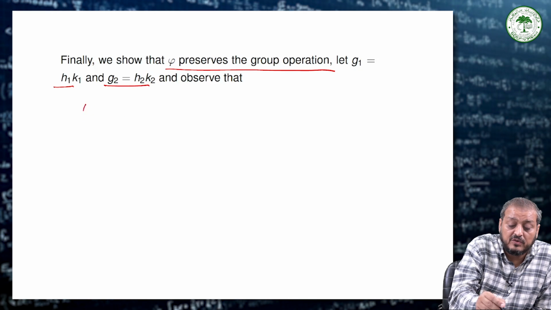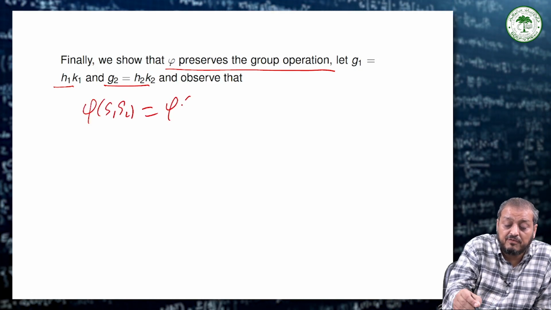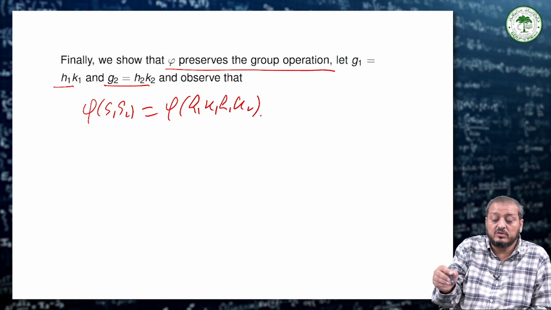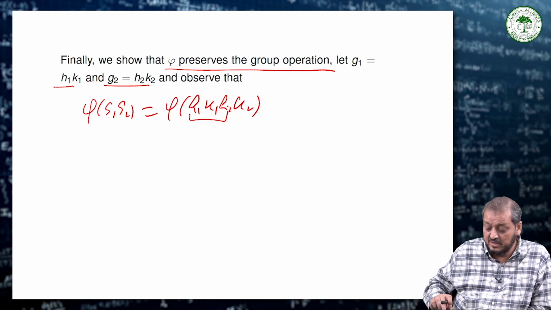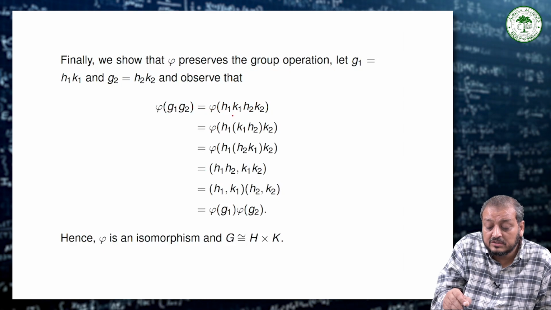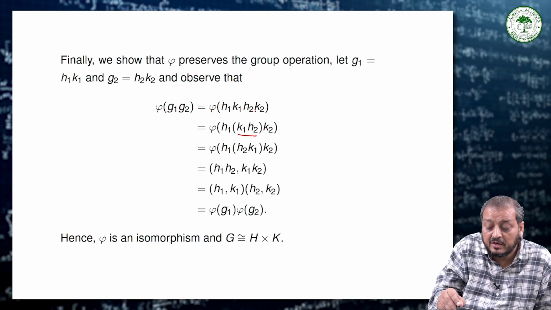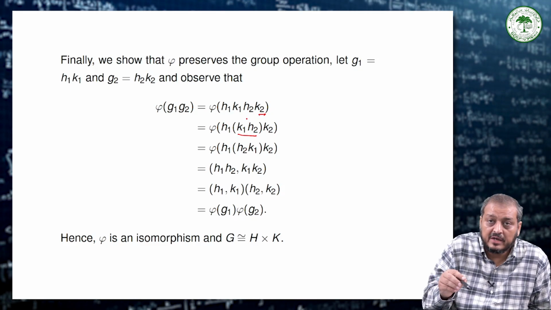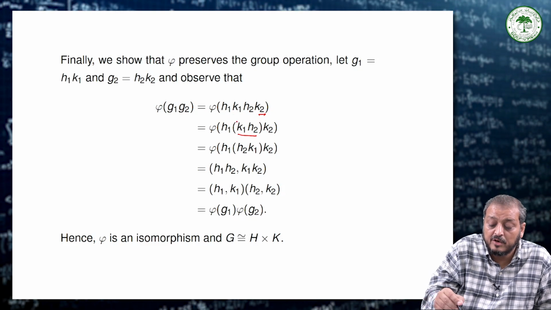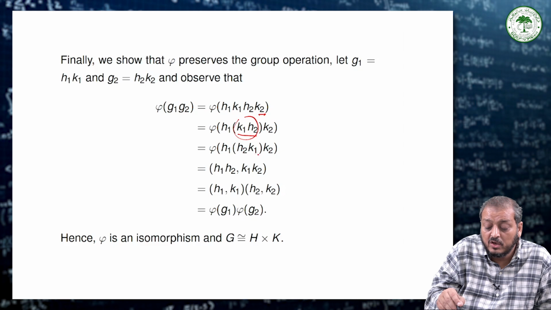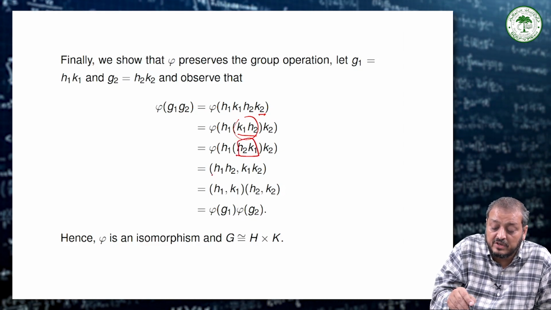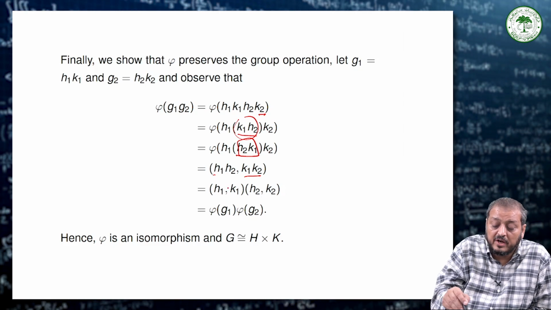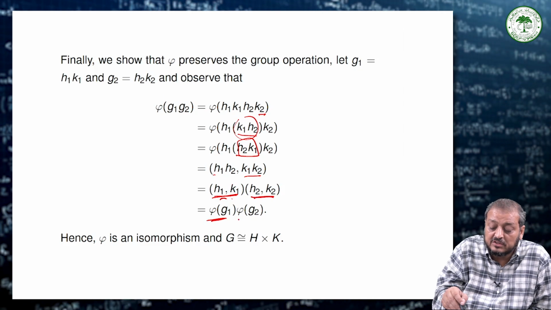Then phi of G1 G2 can be written as phi of H1 K1 H2 K2. Using normality, this can be written as H1 K1 H2 K2, and because G is an internal direct product, every element of H and K commute. So using associativity, H1 H2 K1 K2 can be written as H1 K1 H2 K2, and this is nothing but phi of G1 times phi of G2.